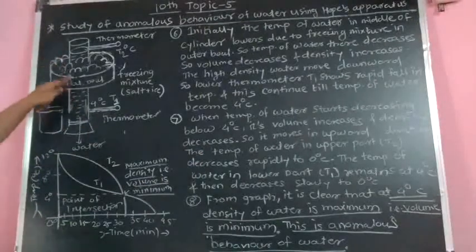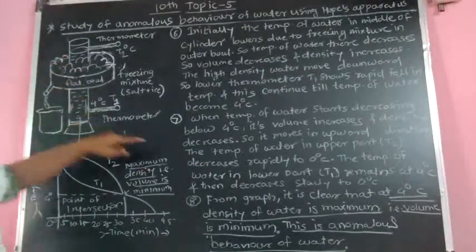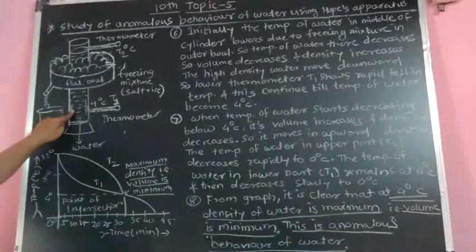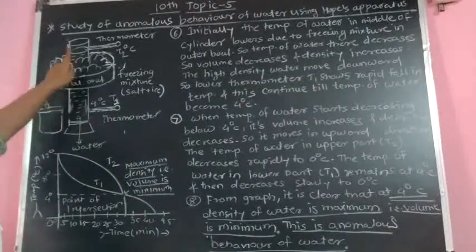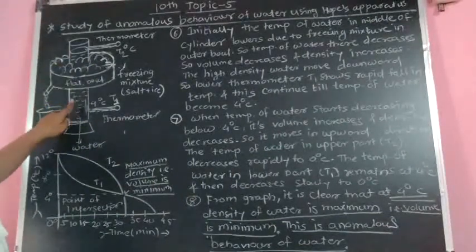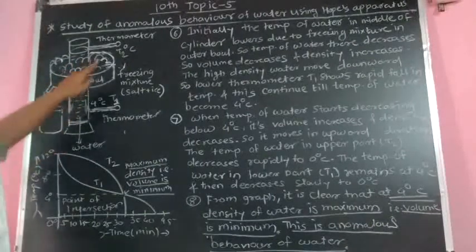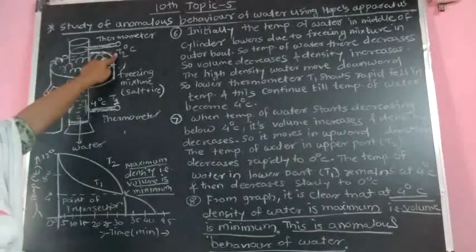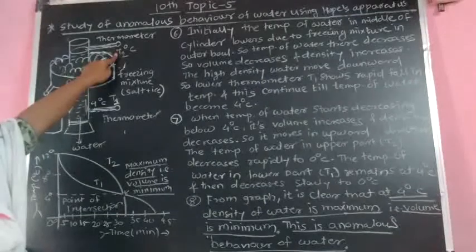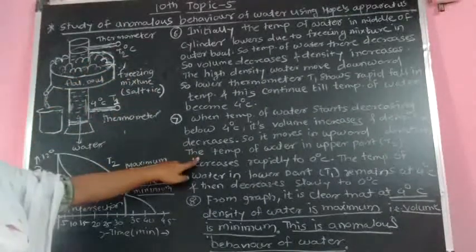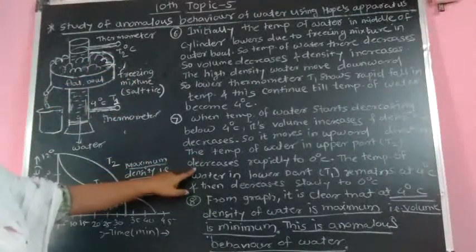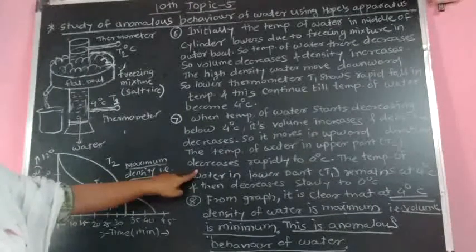So this cold water moves in the upward direction. So the temperature in thermometer T2 decreases fast. So the temperature of water in the upper part T2 decreases rapidly to 0 degrees Celsius.